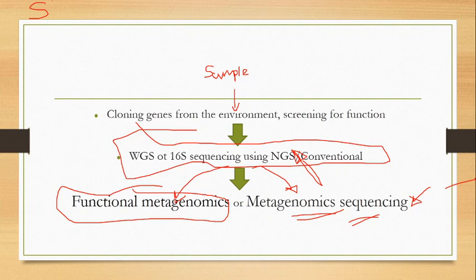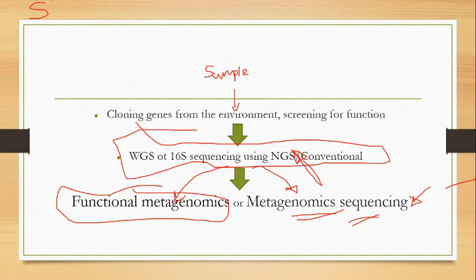In functional metagenomics, you will get the idea of the reason why that process occurs in a particular environment. What are the different microorganisms which are involved, which are some unique microorganisms.